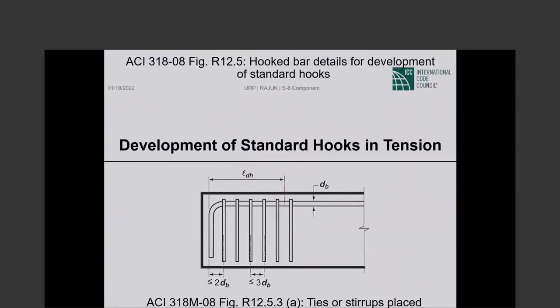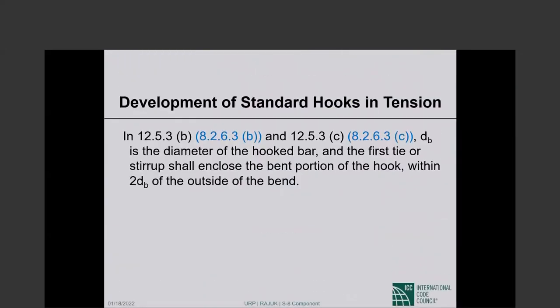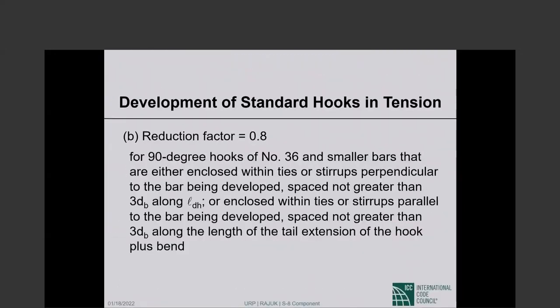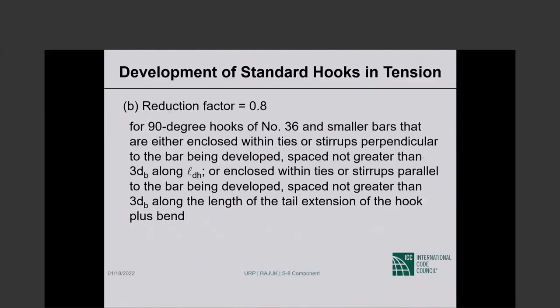If you have one or the other, so for 90-degree hooks, number 36 and smaller bars, etc., those two pictures are described here. You get a reduction factor of 0.8.